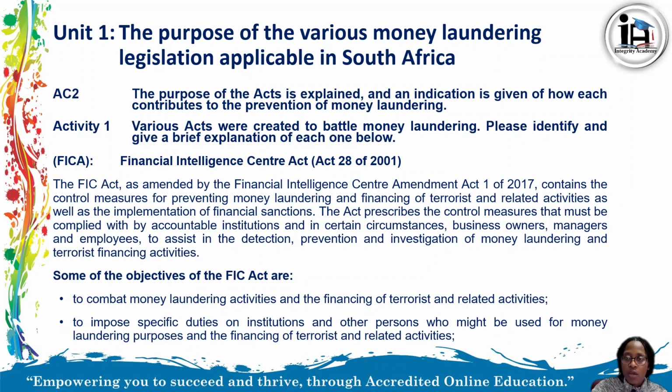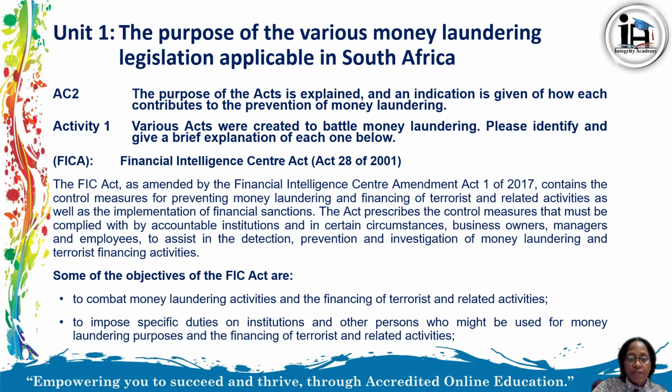The Act prescribes the control measures that must be complied with by accountable institutions and, in certain circumstances, business owners, managers, and employees to assist in the detection, prevention, and investigation of money laundering and terrorist financing activities.